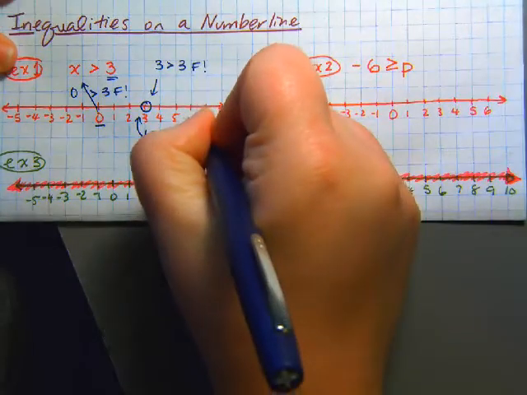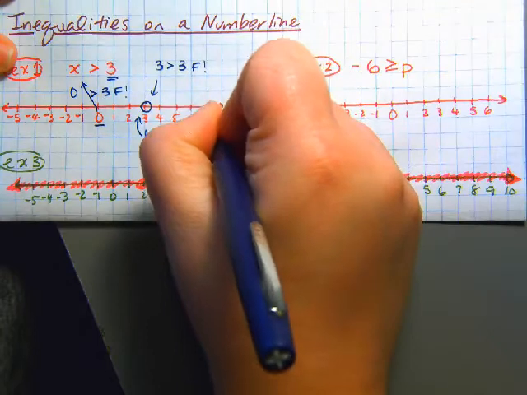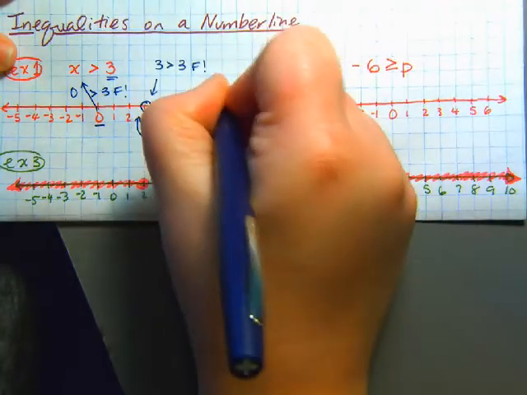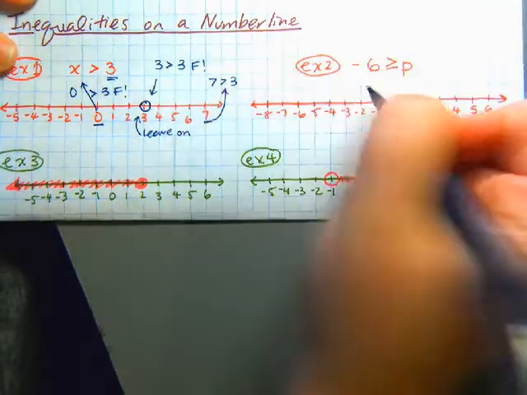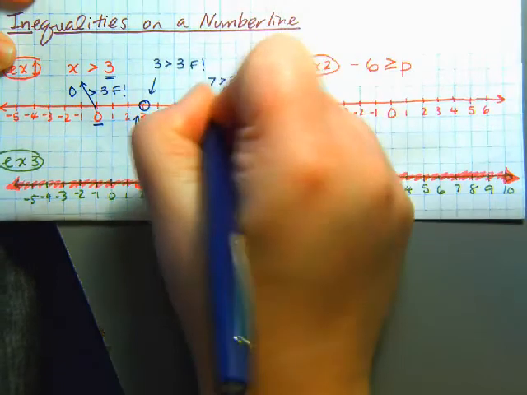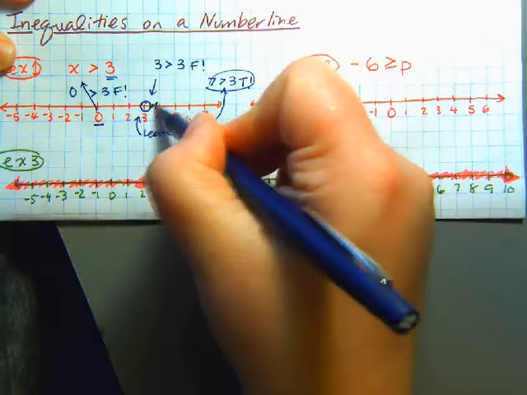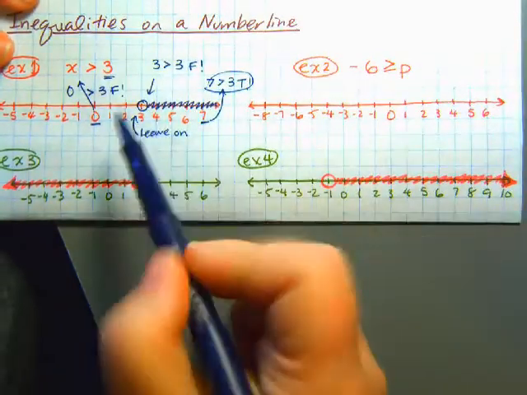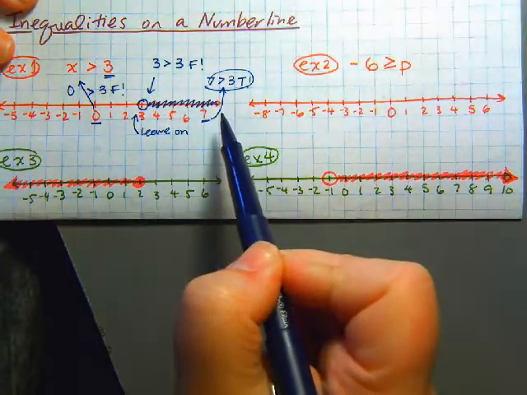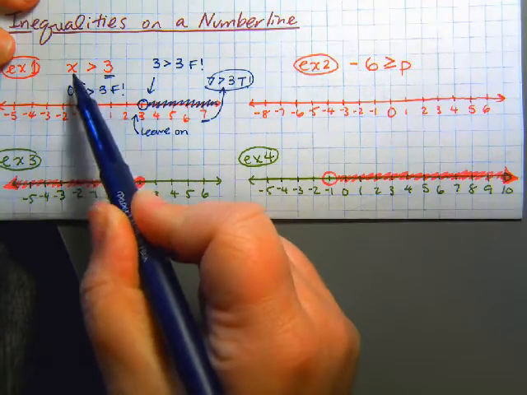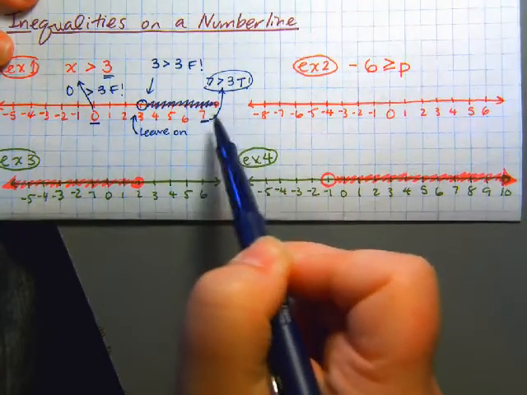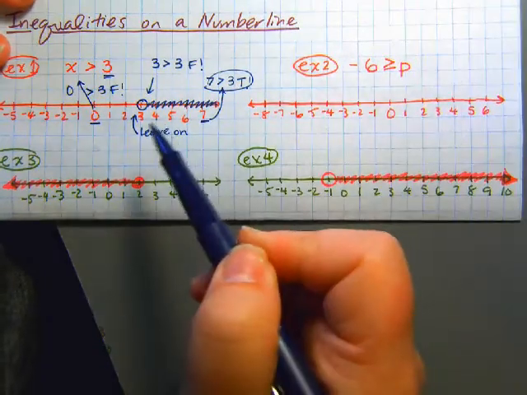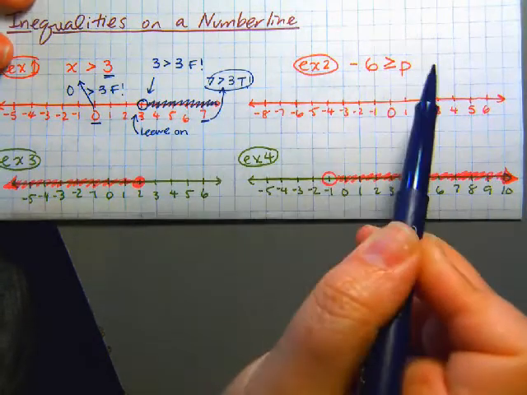For example, if we took the number 7 and plugged it in, 7 is greater than 3. That is indeed true, meaning we should shade the side towards the 7. So everything in the shaded area would be a solution to this inequality, and then that arrow means it goes on forever and ever. So any number that would also be implied to be that way.